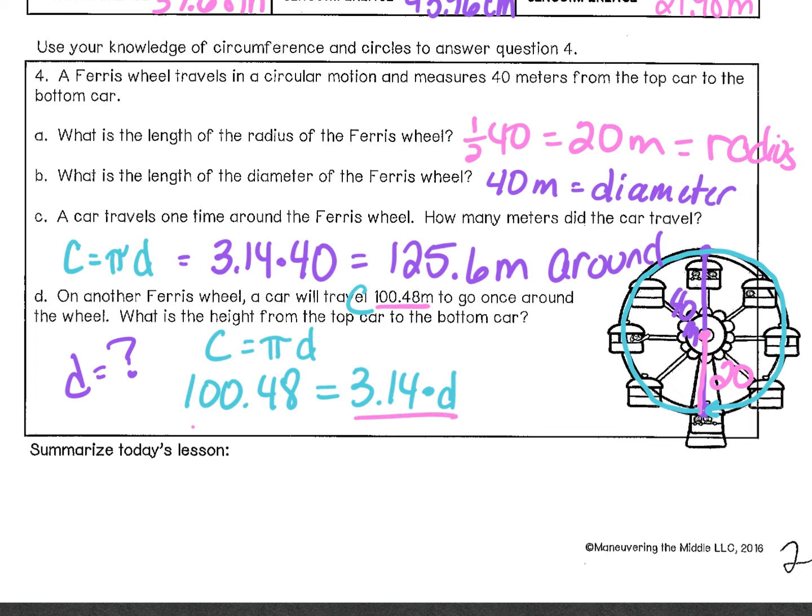Get rid of times. We do the opposite. We divide. So diameter is going to be equal to 32 meters in this one, because you're going to do 100.48 divided by 3.14.